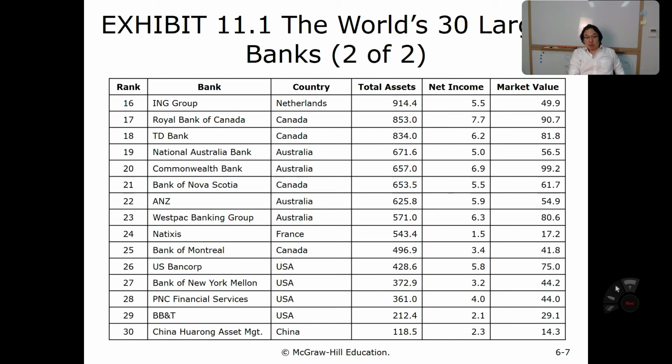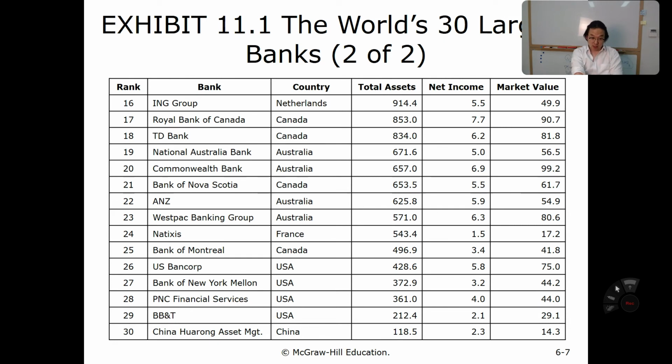And then the next one is Royal Bank of Canada, RBC, and then TD, that's Toronto Dominion, a Canadian bank. And then comes Australia's biggest bank, National Australia Bank and Commonwealth Bank. Any of you who travel to Sydney or Melbourne must have seen these banks there. And then Bank of Nova Scotia, that's Canadian.